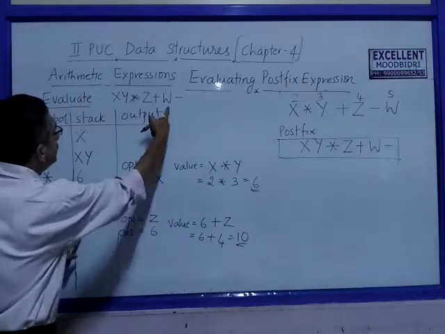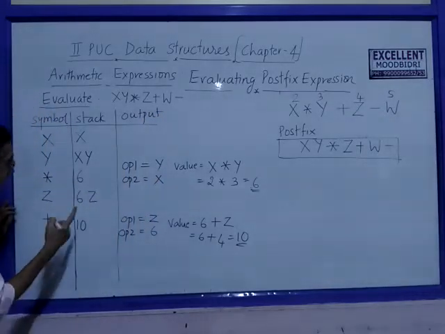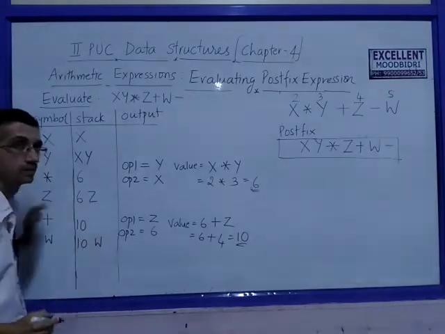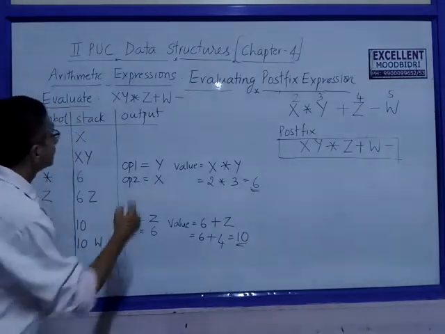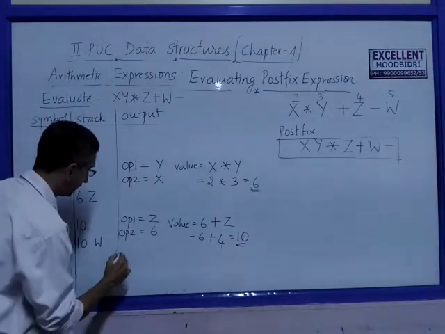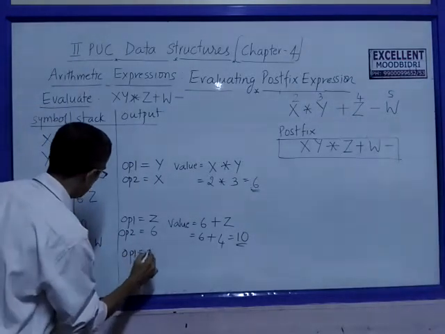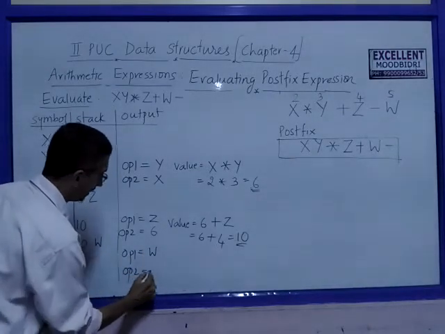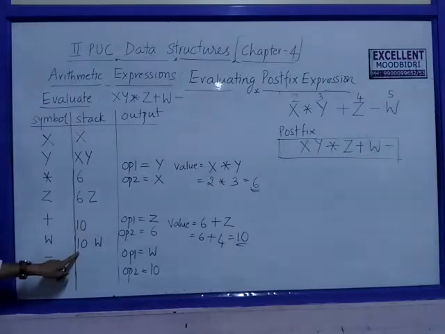So next symbol is W. W is operand, so push onto the stack. 10 and W. So next symbol is minus. So minus is operator, do the operation. So operand 1 is equal to W, first pop. Operand 2 is equal to 10, the second pop.